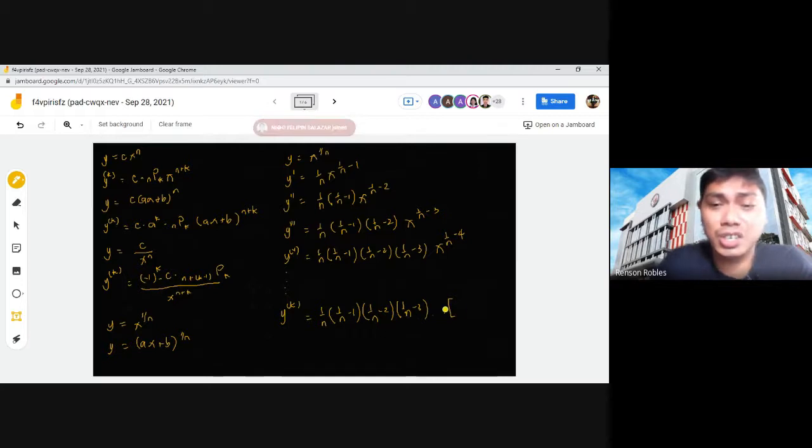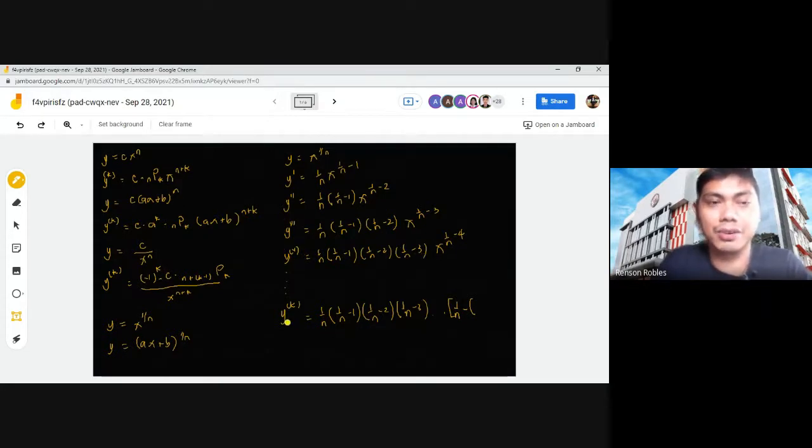Until you reach, you look here, this is 1 over n minus 0. This is the second derivative, you have until 1 over n minus 1. Third derivative, until 1 over n minus 2. Fourth derivative, until 1 over n minus 3.